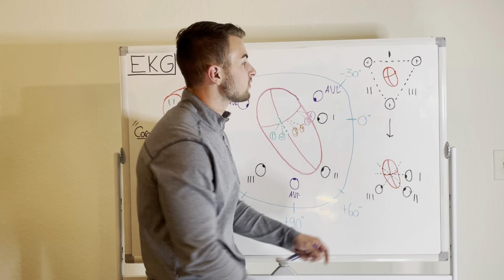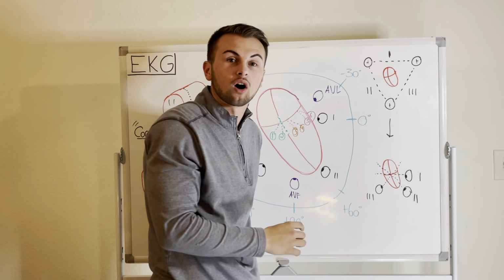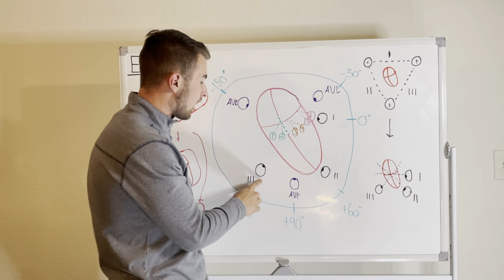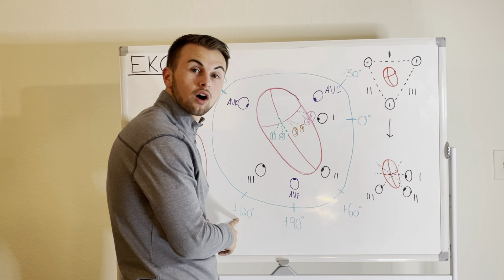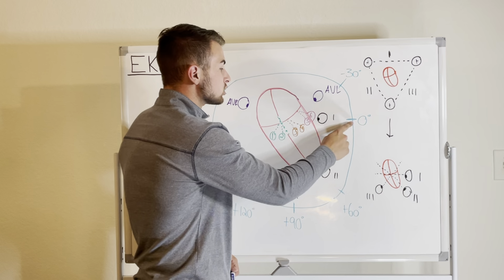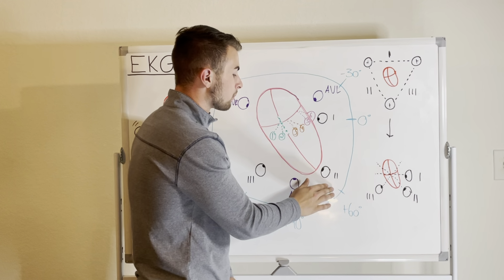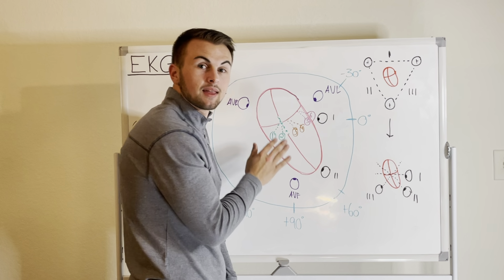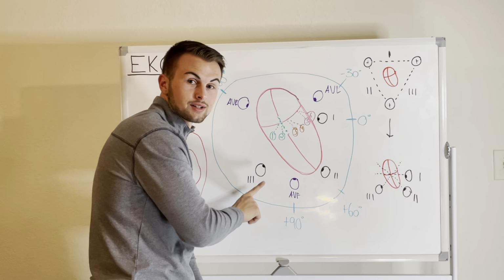Now, when we shift the axis of lead 3 down to the level of the heart, we see that the positive end of this angle is located at positive 120 degrees. Remember, lead 1 is looking from 0 degrees. Lead 2 is looking from positive 60 degrees. And lead 3 is looking from positive 120 degrees.